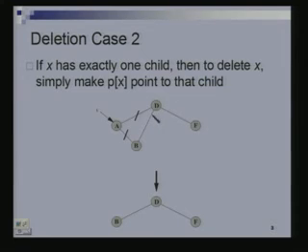Are you convinced that this would maintain the search property? Why should b be on the left of d and not on the right of d? Because b is less than d, because b is in the left subtree of d. So, we would make this the left child, and all descendants of b are also less than d, because they are all in the left subtree of d.